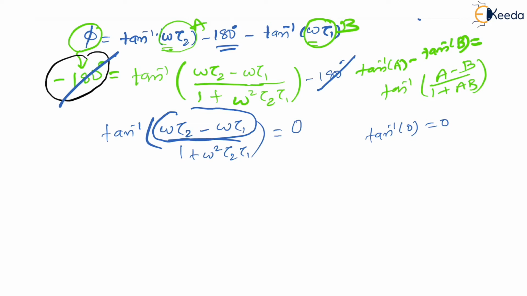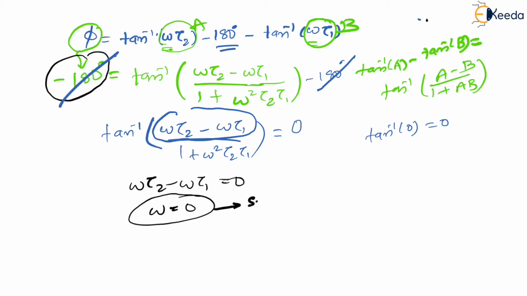Yes. So if I put that, I will get omega tau 2 minus omega tau 1 equal to 0, which means omega equal to 0, right? But omega equal to 0 is already taken as the starting point, so you cannot use that.